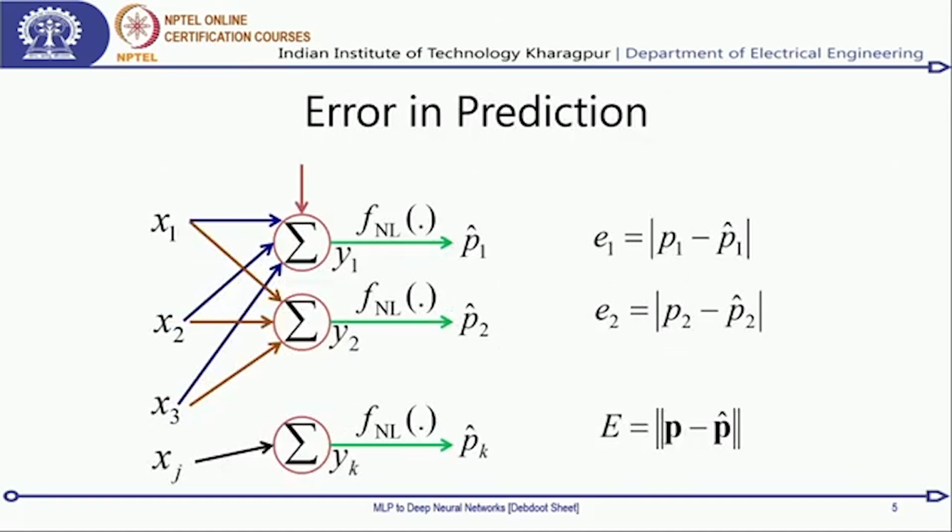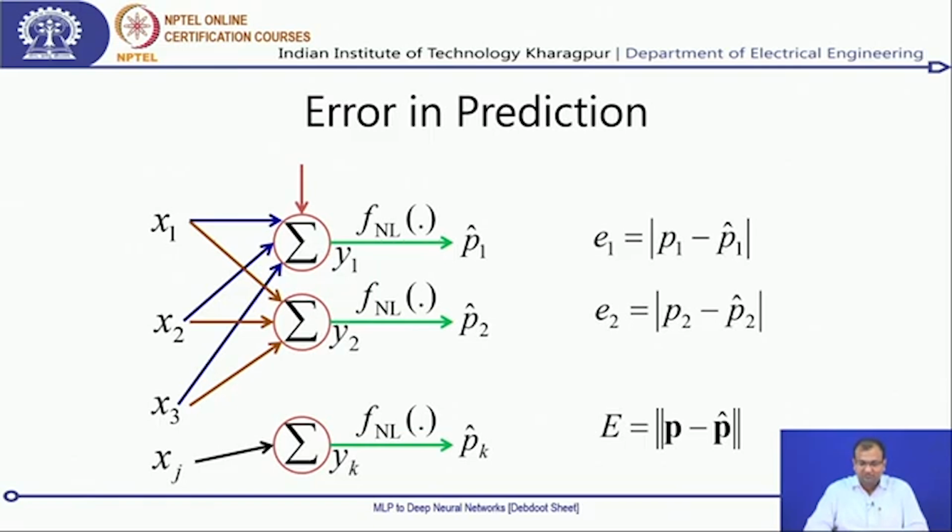Now, going a bit more into the revision part. My error in prediction was defined such that if I have one of these predictors P1, I get one value of a scalar error. For another predictor P2, I get another error, E2. If I have an array of these predicted variables, I cannot keep on calculating each and every error singly, because then I do not get a consolidated knowledge about the total network.